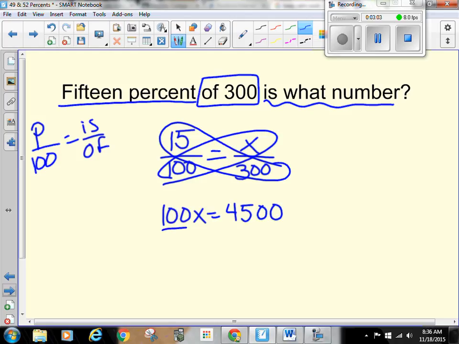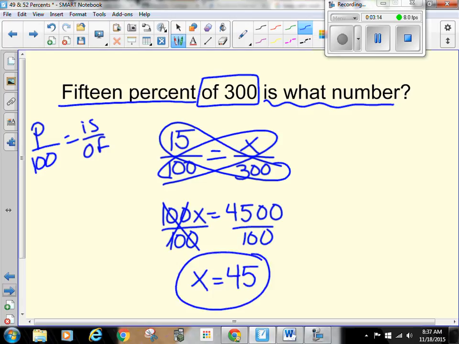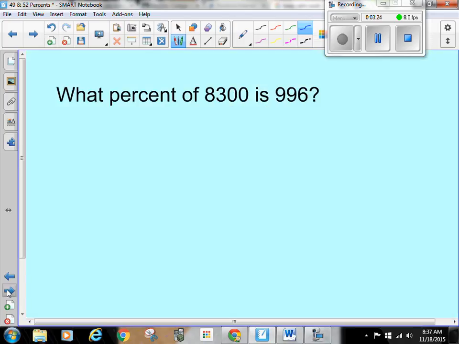So it's 100 times x, so we divide by 100, cancels out here, and we're left with x equals 45. So we have 45 is 15% of 300. Okay, all right.